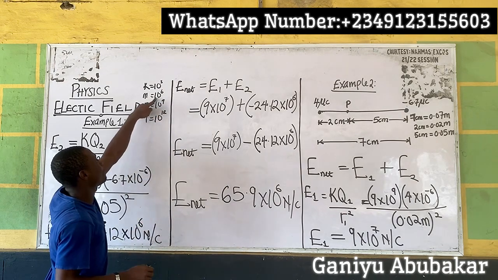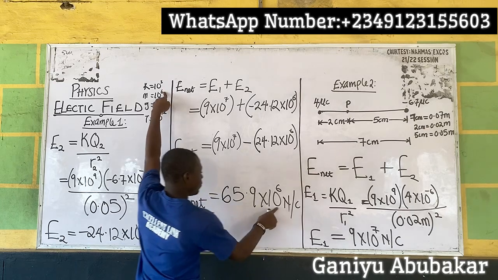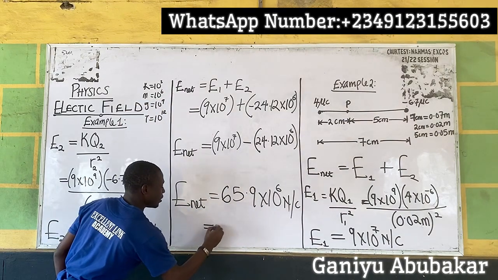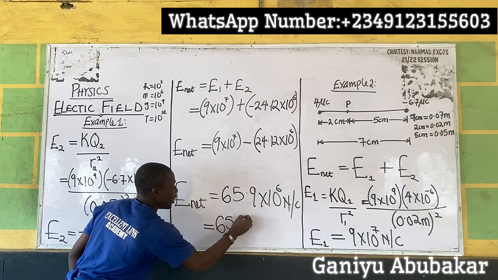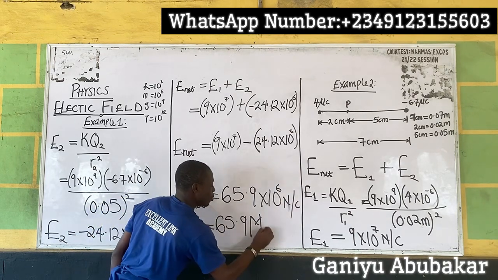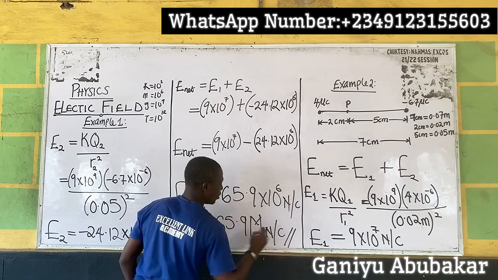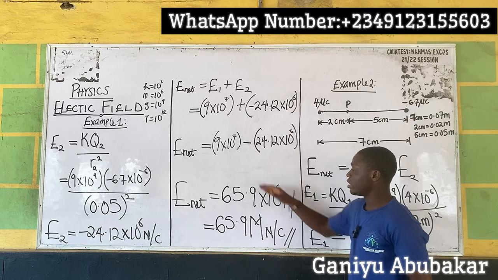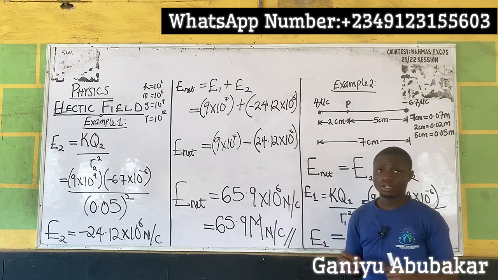So I can say that 10 to the power 6 has the prefix mega, and I can express my answer as 65.9 mega Newton per coulomb. So you can leave your answer in this form or in this form, and it is still correct.